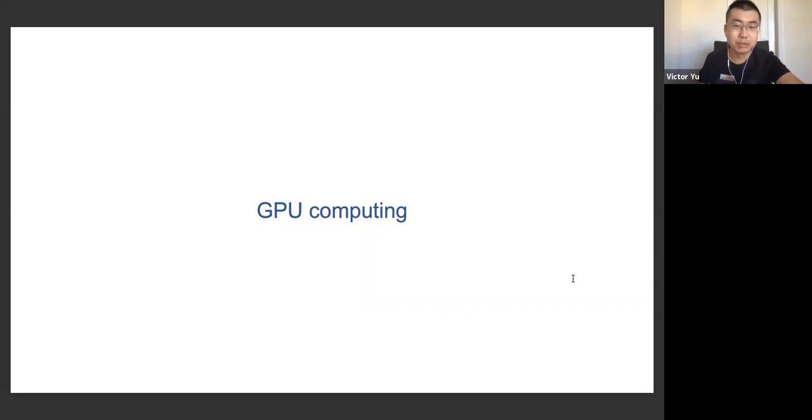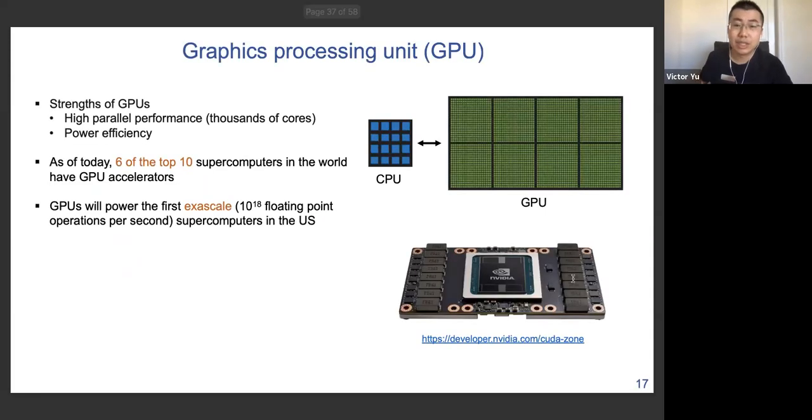Now let's move on to the next topic, which is how to use GPUs in DFT calculations. As we all know, GPUs are becoming very popular in today's high performance computing and supercomputing. A GPU, compared to a CPU, has more cores, although each core is not as powerful as a CPU core.